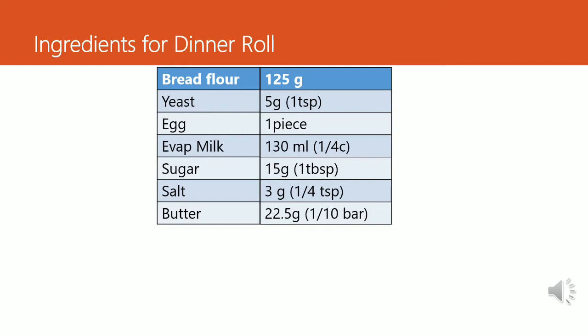According to the recipe, the ingredients are 125 grams of bread flour, 5 grams or 1 teaspoon of yeast, 1 piece of egg, 130 ml or 1/4 cup of evaporated milk, 15 grams or 1 tablespoon of sugar, 3 grams of salt, which is equivalent to 1/4 teaspoon, and 22.5 grams of butter, which is equivalent to 1/10 bar of butter.